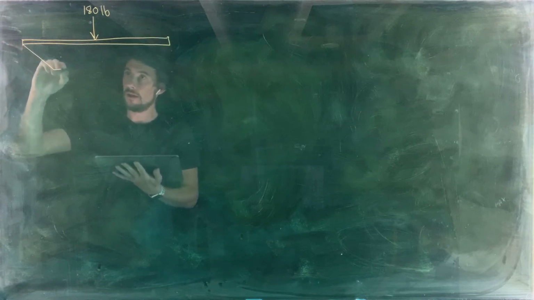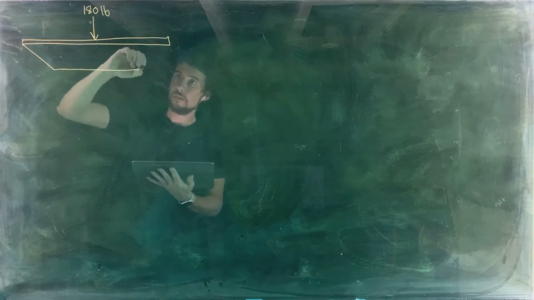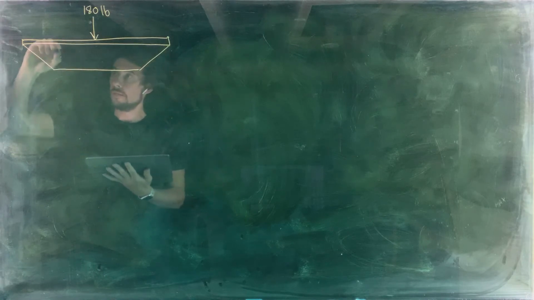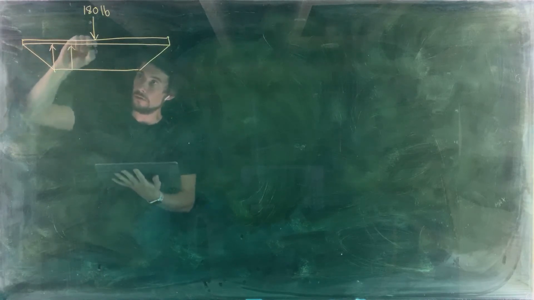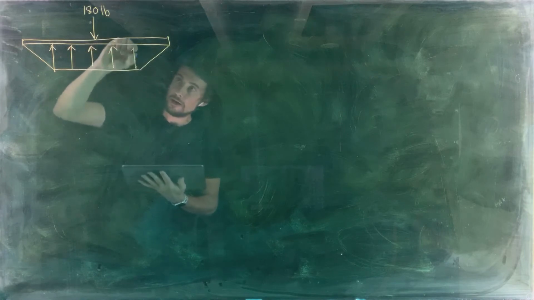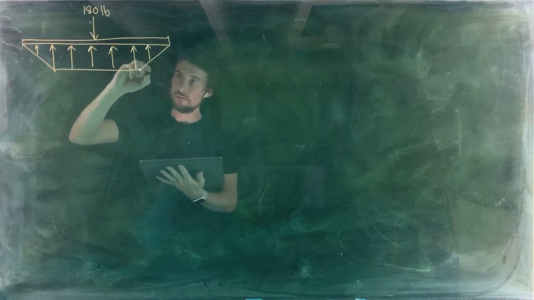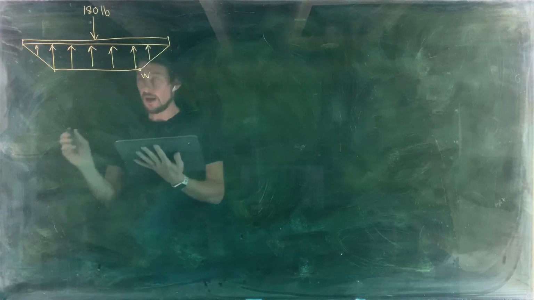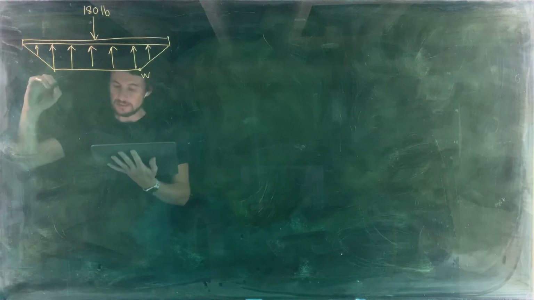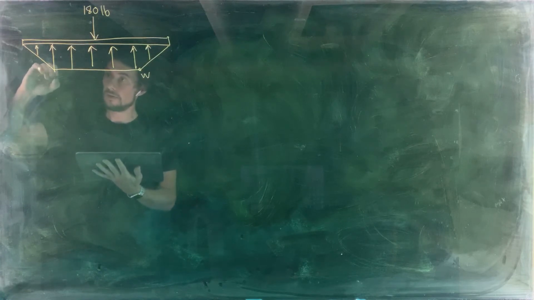And we're going to say that this has a profile that looks like this, where the majority of the load is carried by the central portion of the ski, and then you've got a decreasing upward load at both the front and the back. So this load right here is W. Let's see some distances.